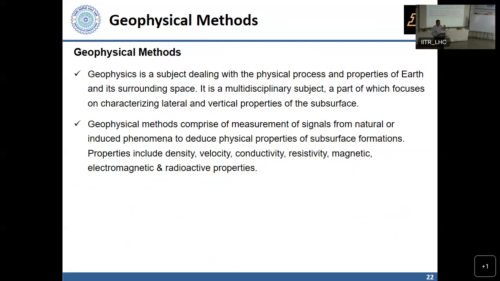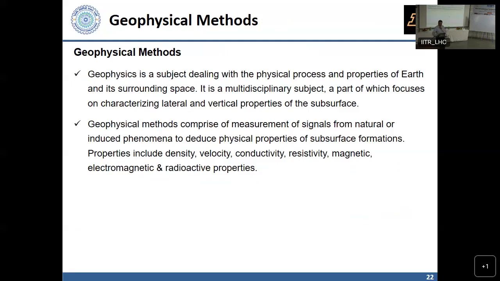Most of the geophysical methods, or many of them, comprise sending some sort of signal, measuring the reflectance, and figuring out what the subsurface properties are like. We are able to estimate things like density, sometimes velocity, and infer properties like conductivity, magnetic and electromagnetic radiative properties, all of these to try and characterize the subsurface better. But it does take a lot more effort.